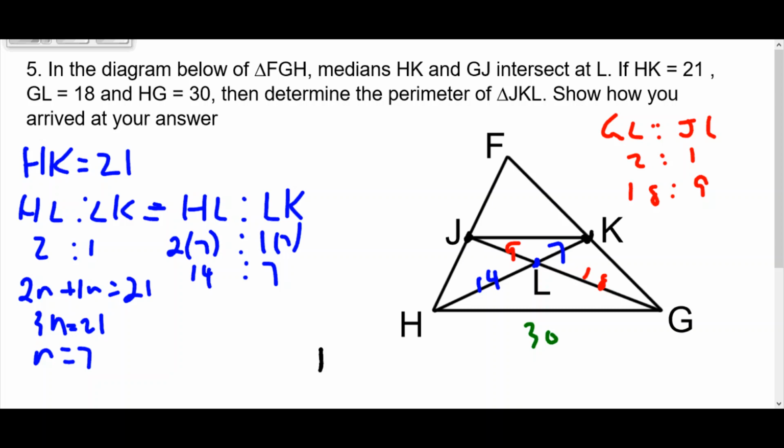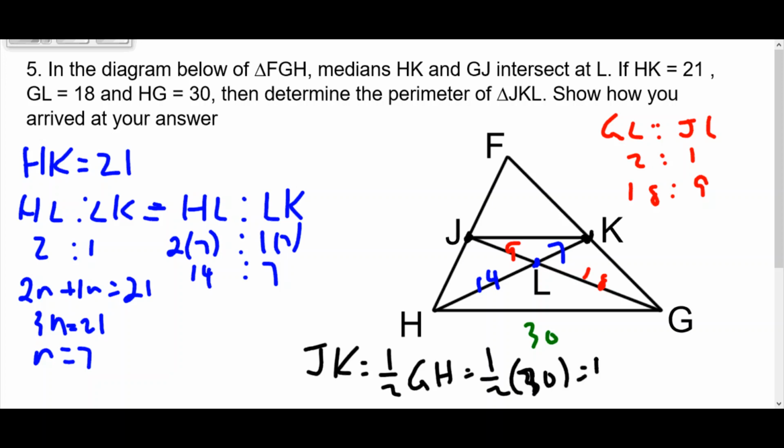Therefore, JK is equal to half of GH, which is 1/2 of 30, and that's 15.